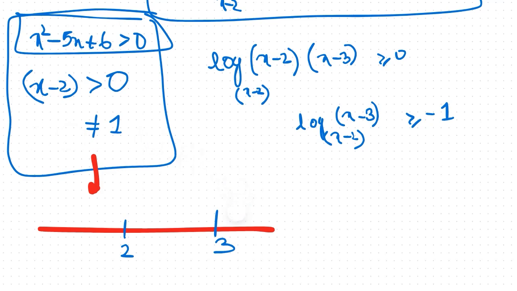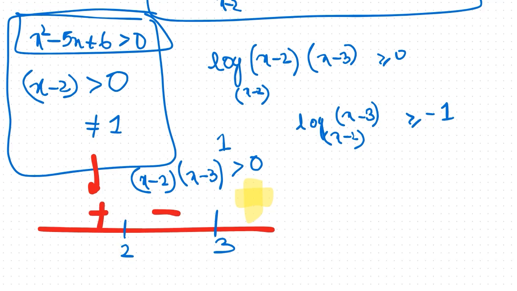It starts with plus and stays plus. Is it even or odd multiplicity? At 3 it is odd, so it changes to minus. And then it's odd again, so it changes to plus. So these are the regions.